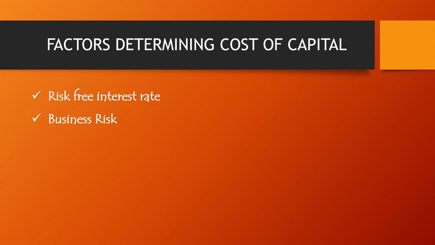For example, we all know that COVID-19 came. We were all unaware that this pandemic would happen, and we had never thought about it. When this pandemic came, it affected the business.